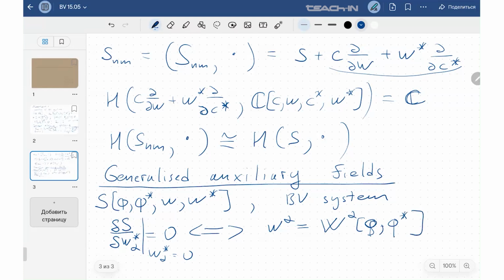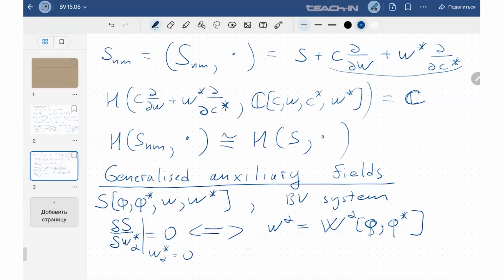So it's just like in the definition of auxiliary fields. That's why these are auxiliary fields for the master action. But the subtlety is that they come in pairs. So we ask W star to be auxiliary in the following sense: the Euler-Lagrange equation associated to W star, together with W star equals 0, is solved with respect to W. So they are eliminated.